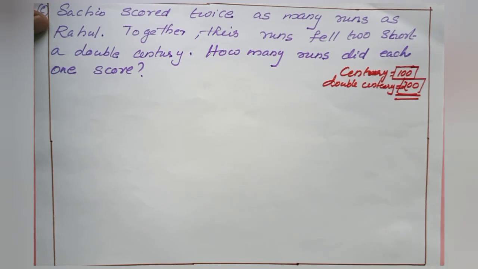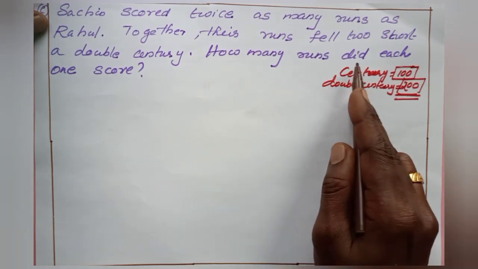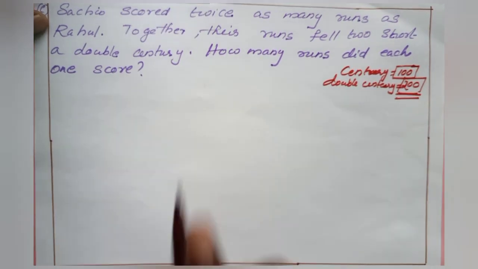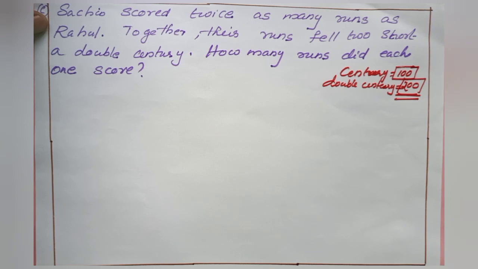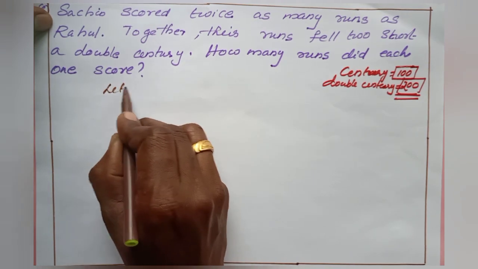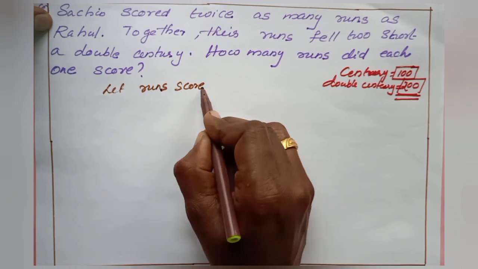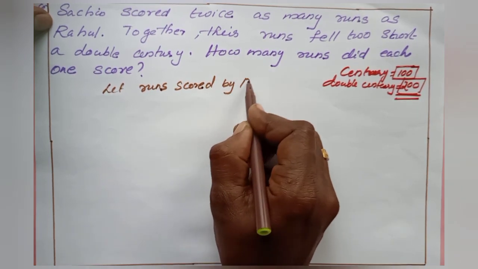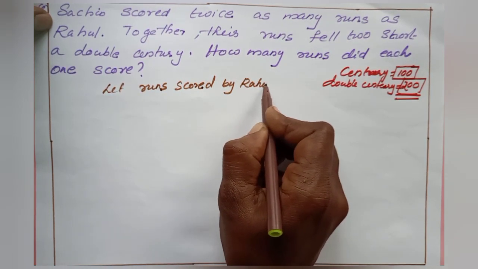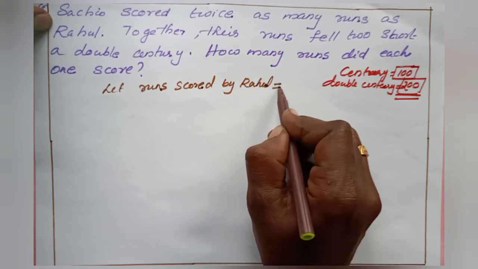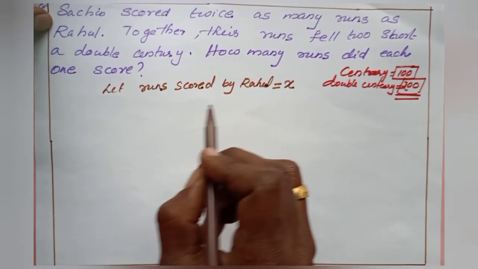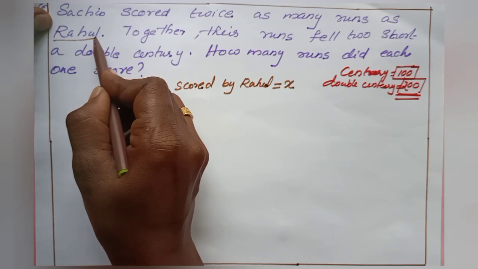Okay, so here is the question, listen. How many runs did each one score? Take the runs scored by Rahul as x. Let the runs scored by Rahul be x.